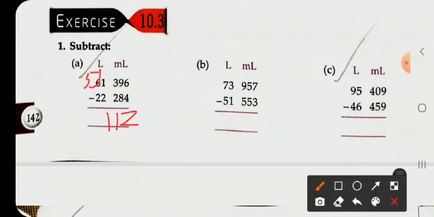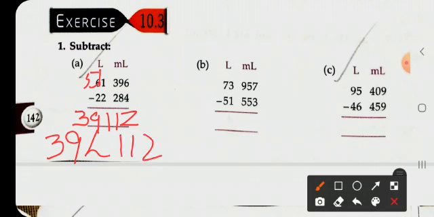Now from 11 we take away 2, we get 9, and from 5 when we take away 2 we get 3. Now what is the answer? It is 39 liters and 112 milliliters. So in this way you will be able to do all the other sums.